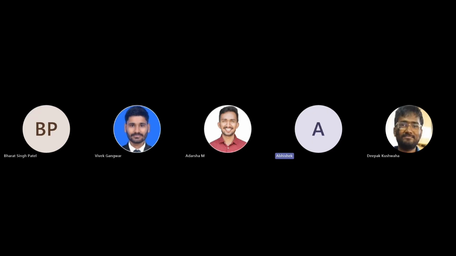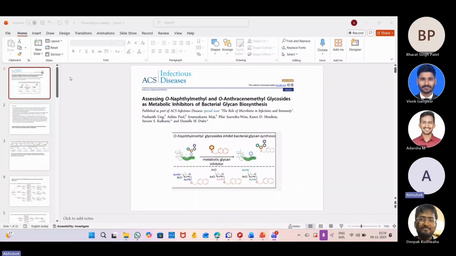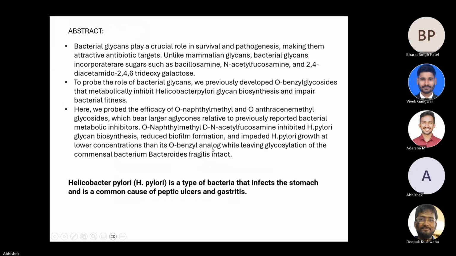Assessing O-Naphthylmethyl and O-Anthracenemethyl glycosides as metabolic inhibitors of bacterial glycan biosynthesis. The abstract of this paper: bacterial glycans play a crucial role in survival and pathogenesis, making them attractive antibiotic targets.